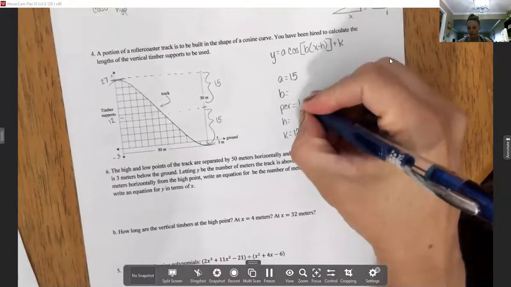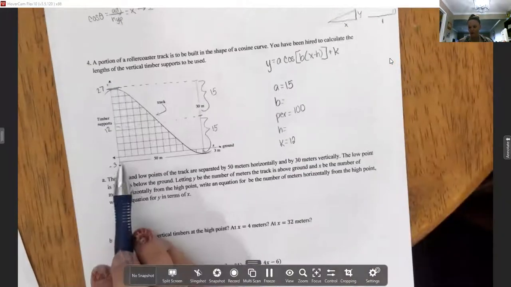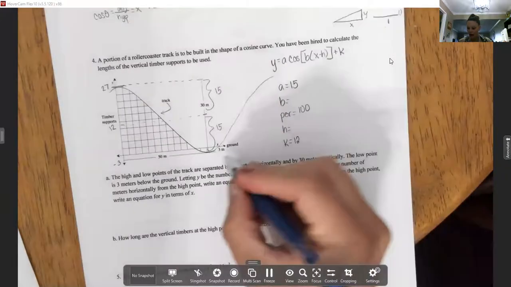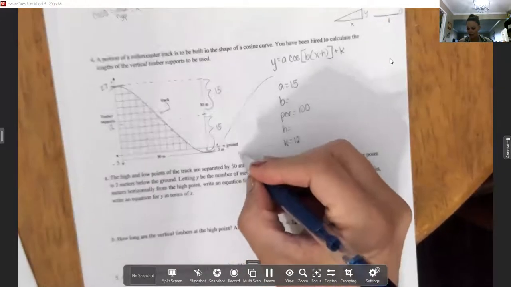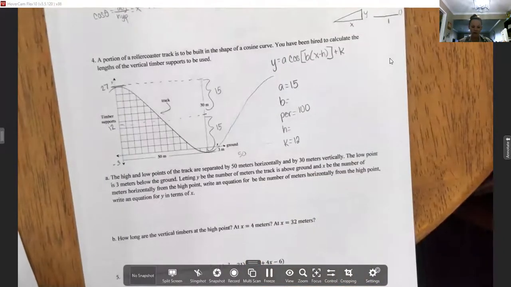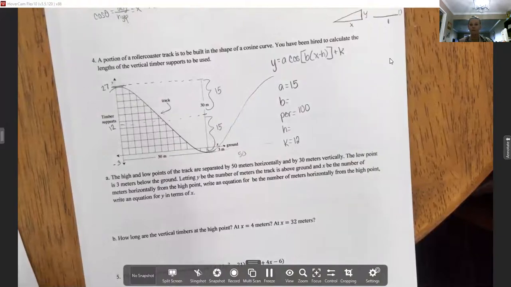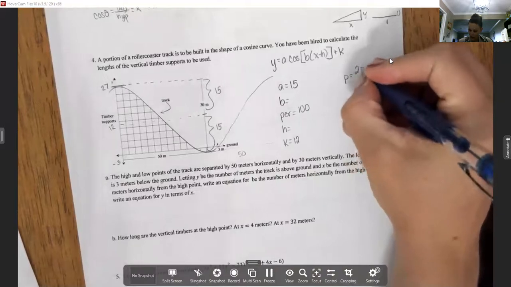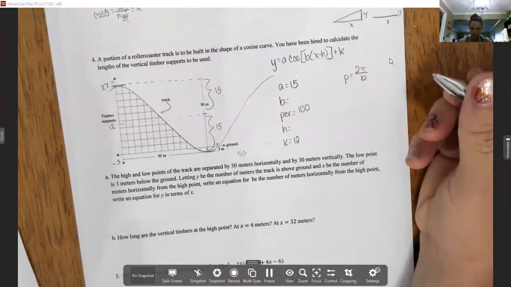So our period would be 100. 50 points from high to low, then it would keep going back to the high and would be another 50. So that tells us our period is 100. So we know that our period is 2 pi over b.